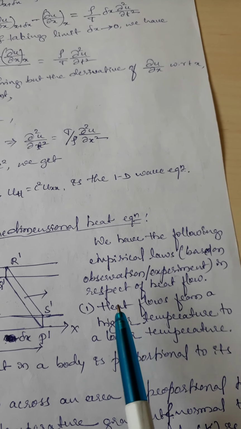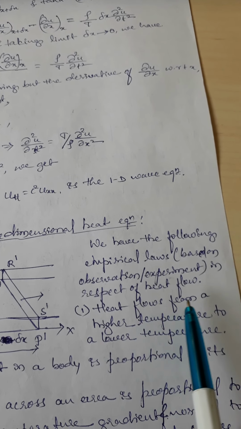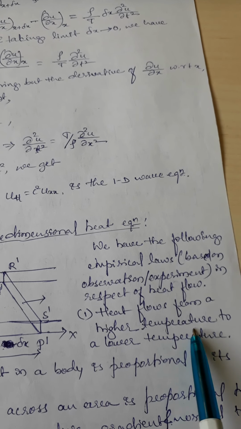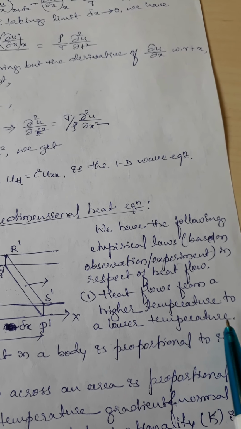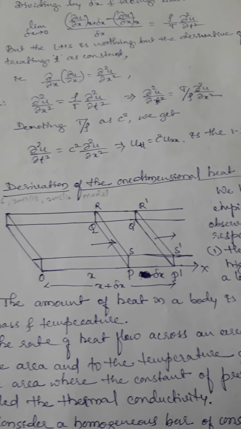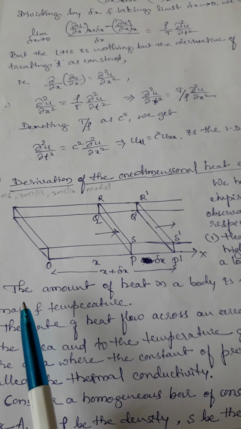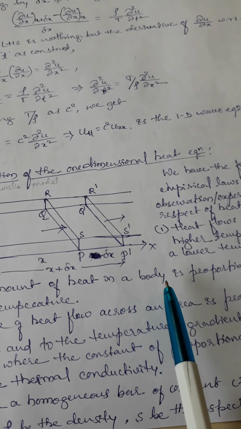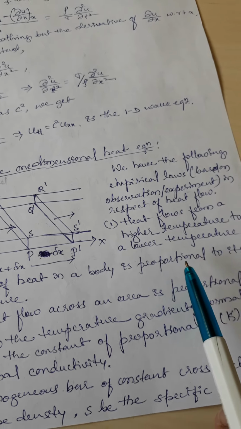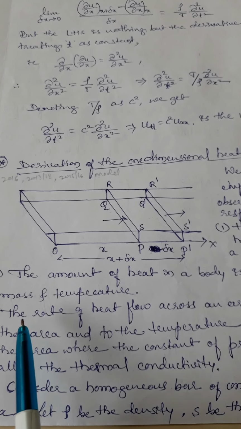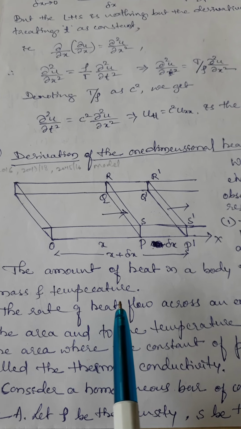First one, heat flows from higher temperature to lower temperature. The second law, the amount of heat in a body is proportional to its mass and temperature.